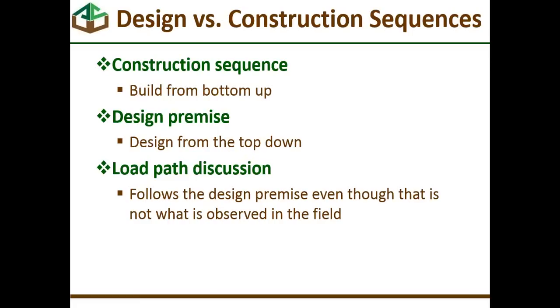But because it's being built from the bottom up, sometimes there can be a disconnect between places where loads need to be carried and having a member there to actually carry that load. So I know it's stating the obvious, but it's just something to keep in mind as we go through the webinar, and certainly as we all do designs and inspections, etc.